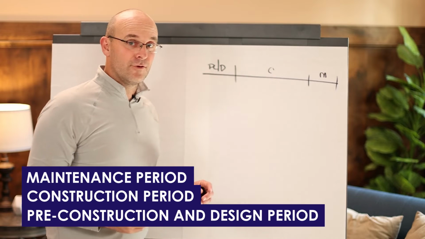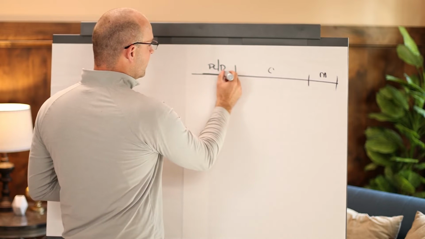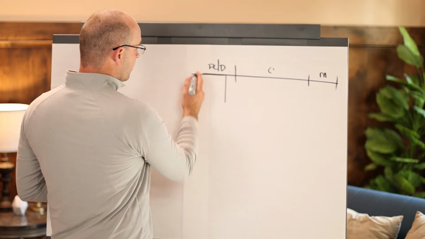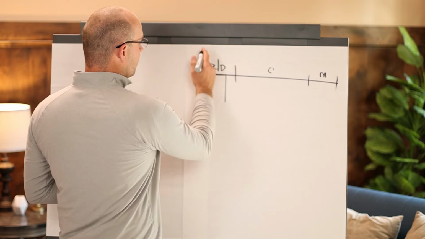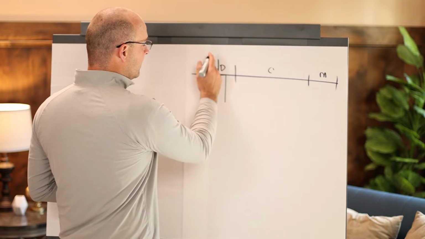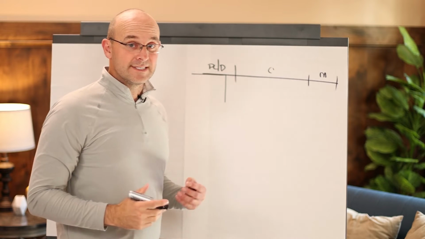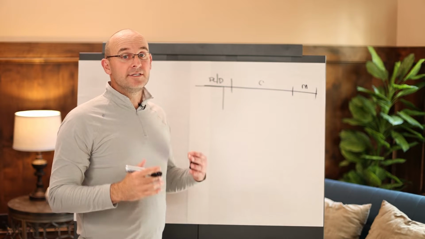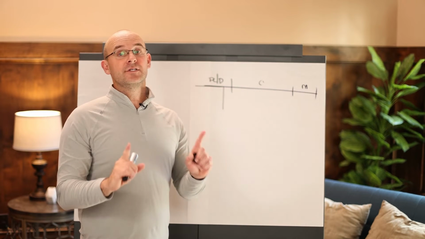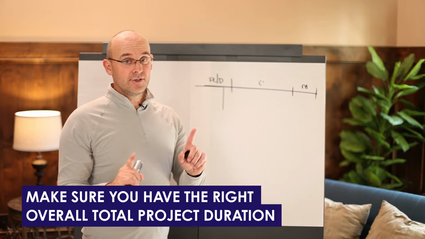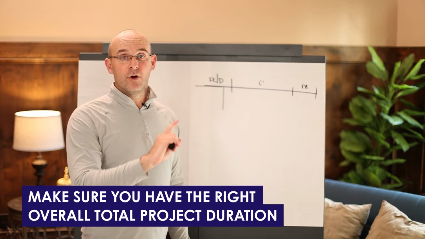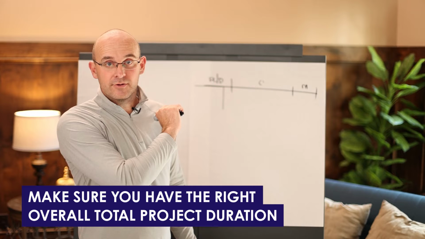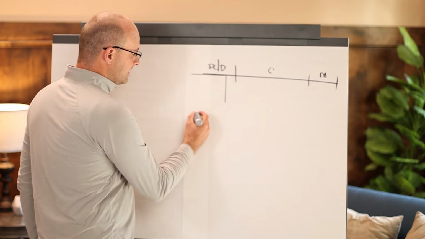So first and foremost, early on in design, whether you're going in for the interview, the award, conceptual design, schematic design development, or the CD phase, you need to make sure you have the right overall total project duration. And that is the key.